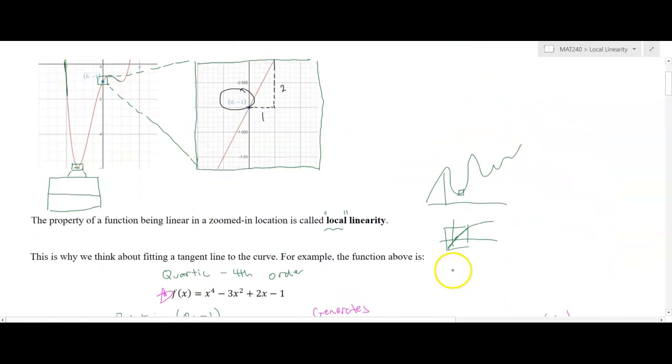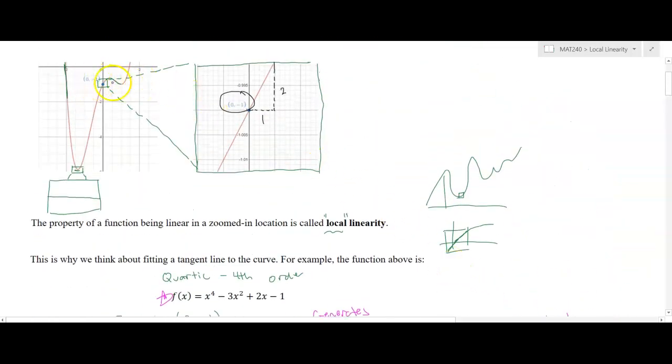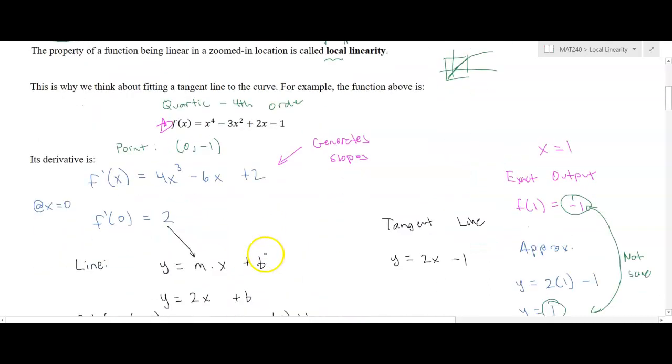So the farther away we move from that x value, trying to use a linear function becomes a worse and worse idea. We predicted an output of 1, but our actual function produces a -1. Our function, in actuality, produced 1, -1. And you can see that the farther away we move, the bigger the discrepancy between the value our line produces and the value our actual equation produces.